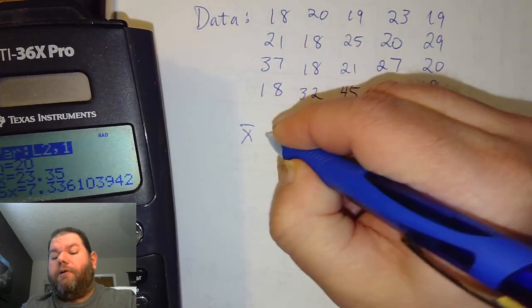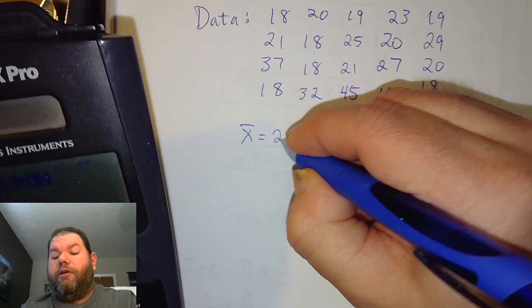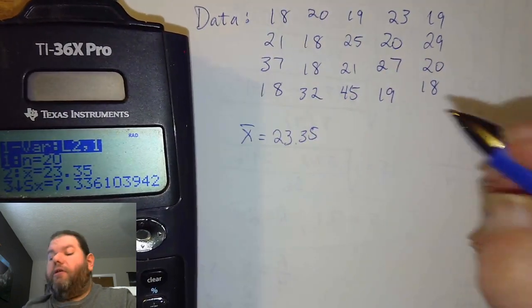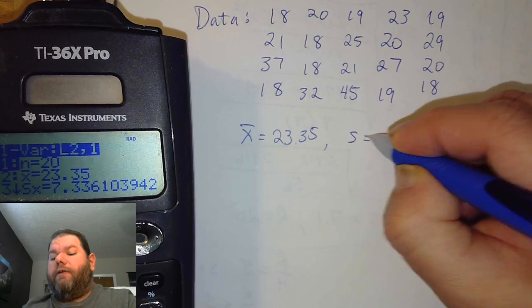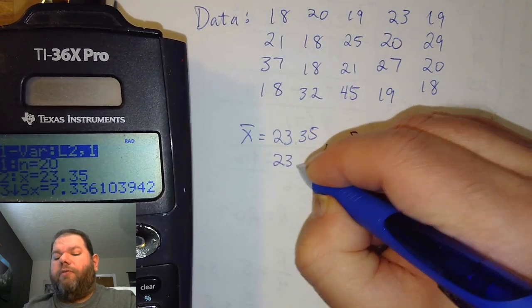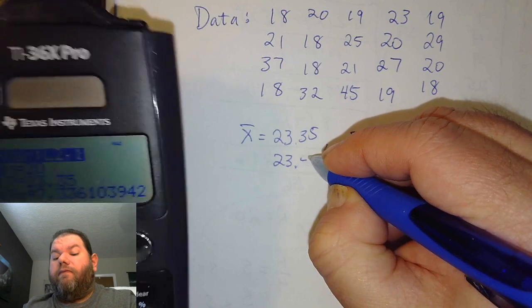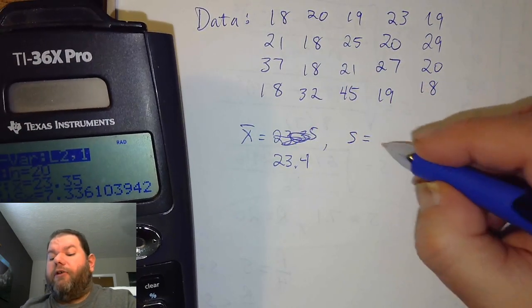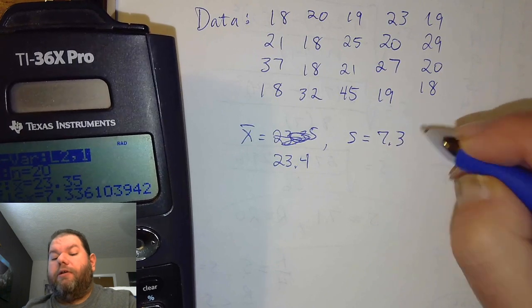So x bar is 23.35. S, and actually I should say 23.4. S, if we round to 1 decimal place, is 7.3.